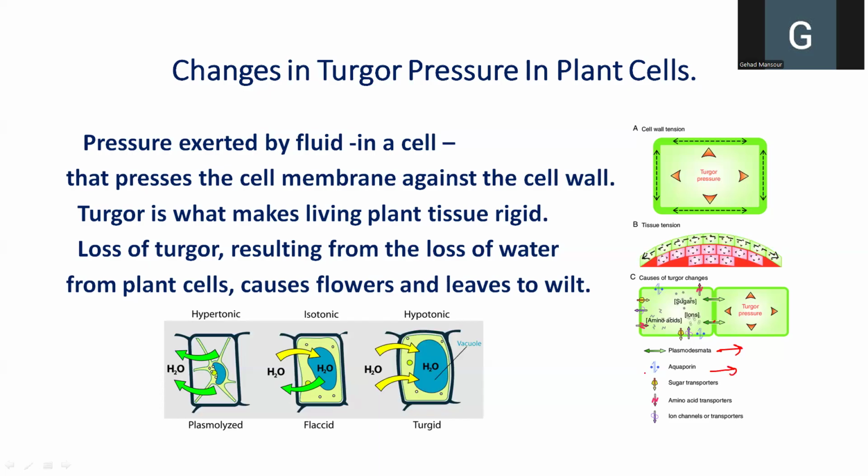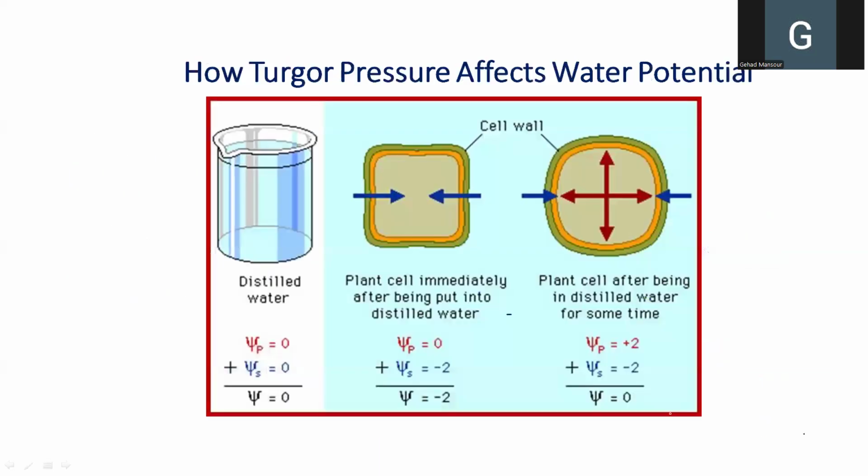The aquaporins are water channels, and these water protein channels just increase the rate of osmosis, but they do not affect the direction of osmosis. Of course, sugars and amino acids need carriers or transporters to be carried from one cell to another, whereas the ions require their specific ion channels.